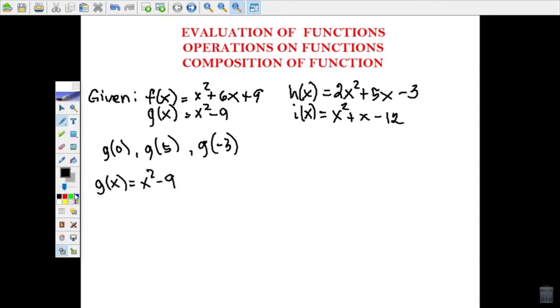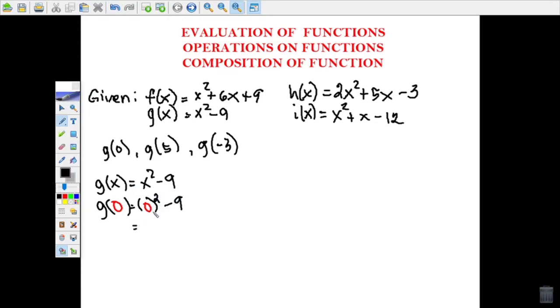Okay, then, ang una nating pinapahanap ay g of 0. Okay, so palitan natin yung value ni x as 0. So, therefore, that would be equal to 0 squared minus 9. So, si x naging 0.